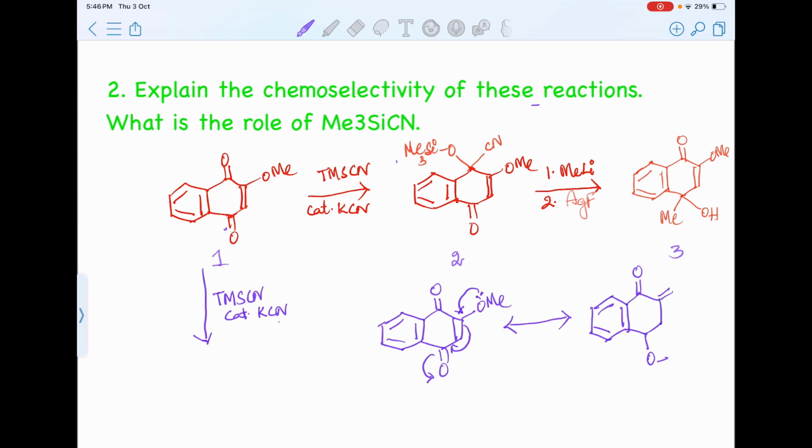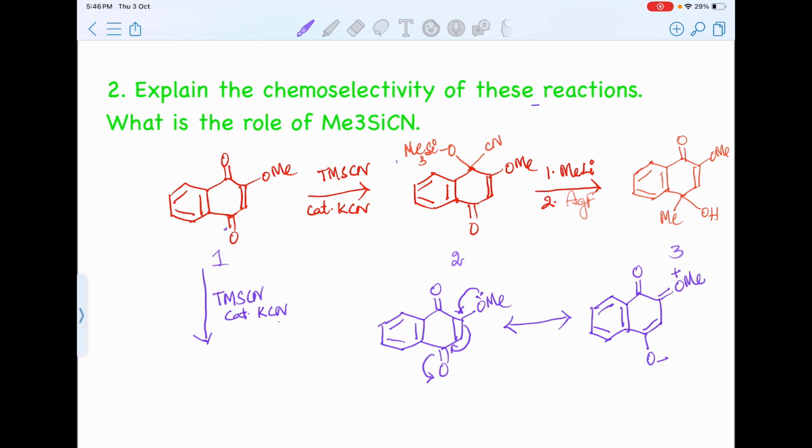We have double bond OMe, a positive charge on the oxygen, and here. So both these structures are in conjugation, and therefore this ketone is less reactive because it is more stable.